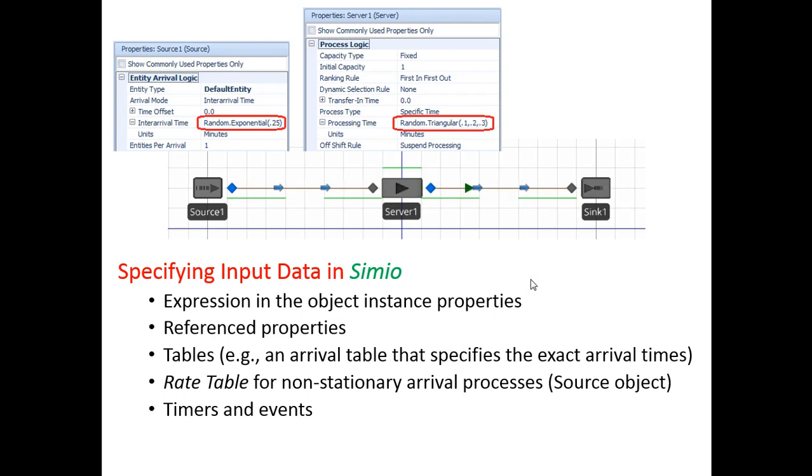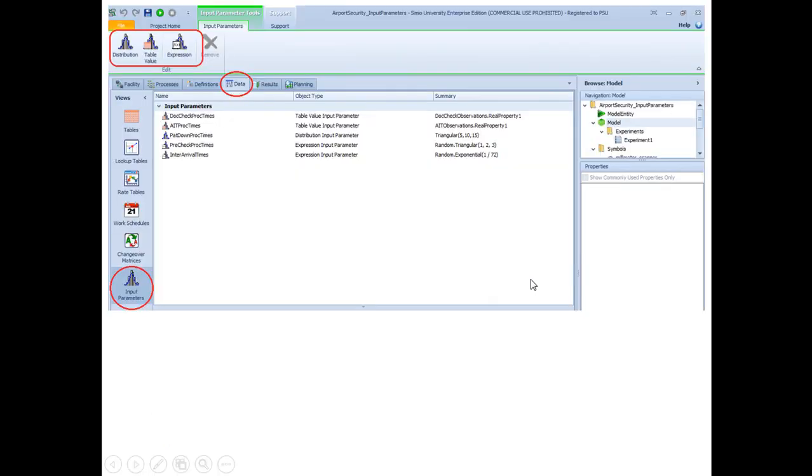While these methods are discussed in detail in other video modules, in this video we're going to talk about an alternative way of specifying input data using Simio input parameters. We can specify input parameters under the Data tab. So in this particular example, I have defined input parameters for my model.